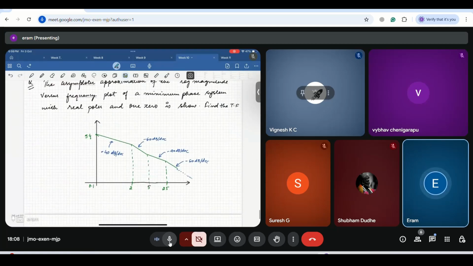First tell me what is the type of system? What is the initial slope of the Bode plot? It is minus 40 dB.